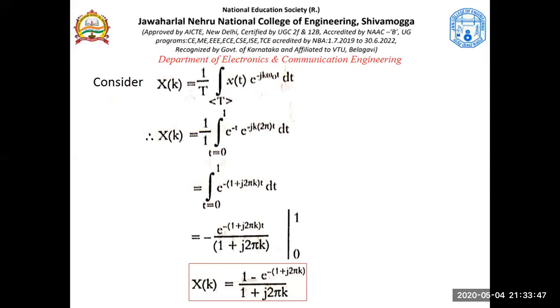So when do we have to use the equation for x of k? When the given signal is not sinusoidal, as it was in the case of the first and second problem. If it is not sinusoidal, we have to use this equation for x of k to obtain the coefficients.